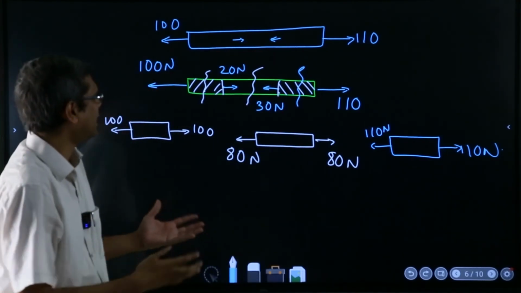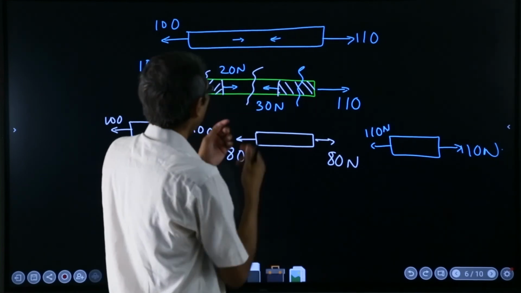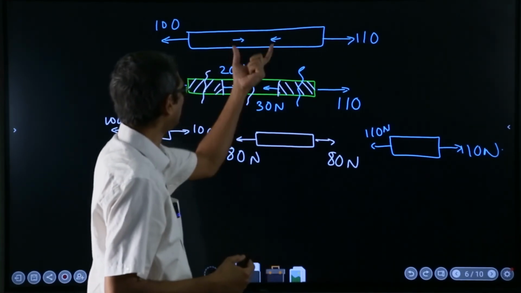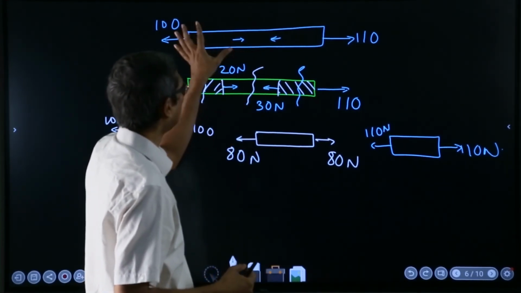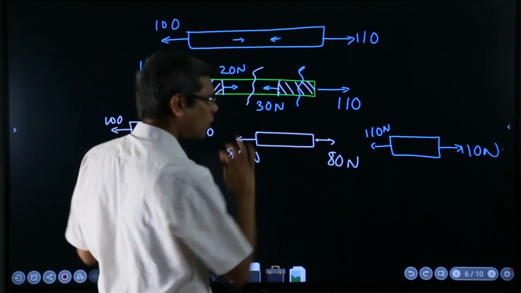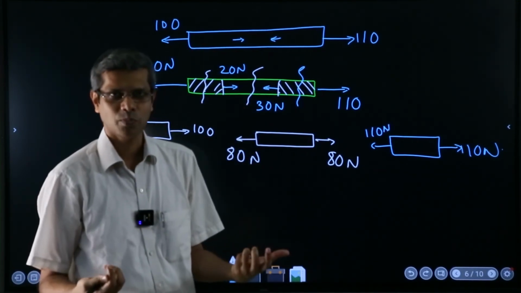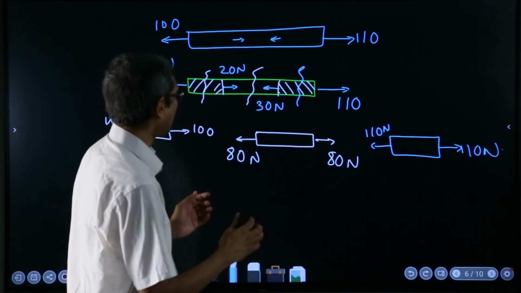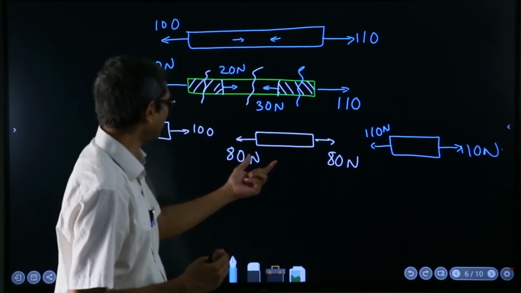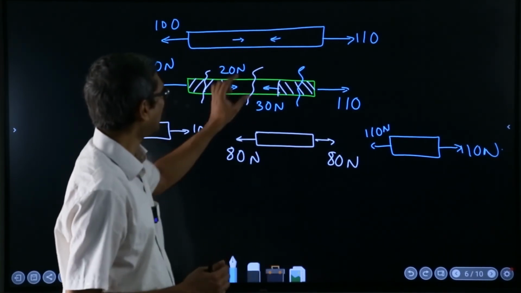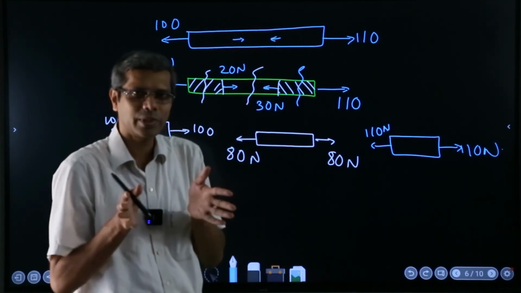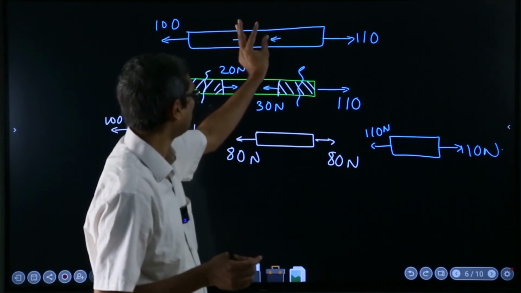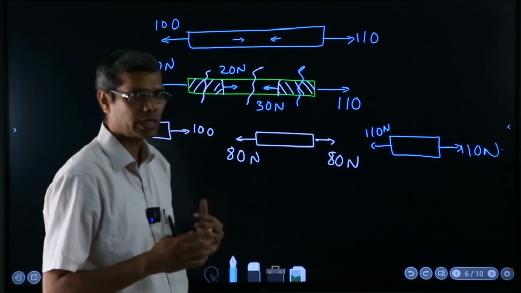This addition of 20 here cannot compensate for the whole of the 100 Newtons effect. So still, part of the effect of 100 has been released because you are applying a compressive load, and it is coming to 80.